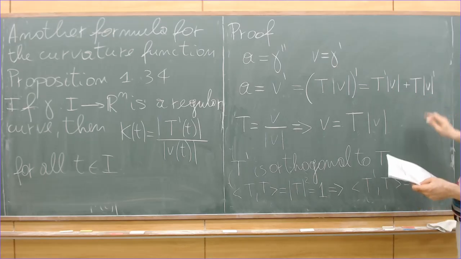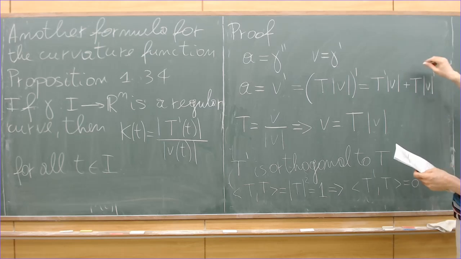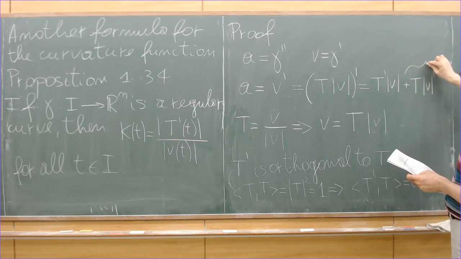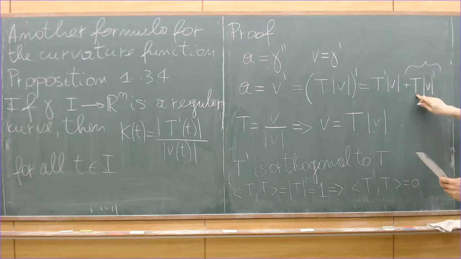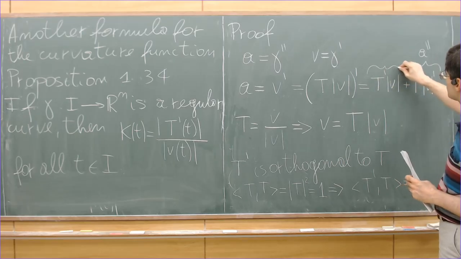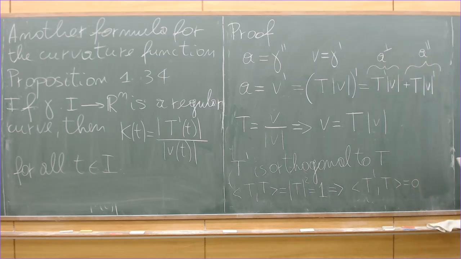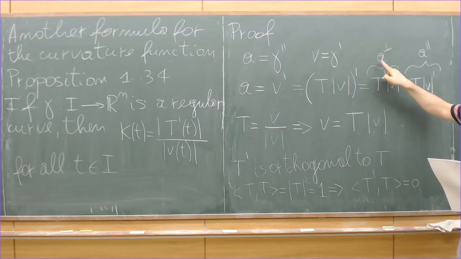If they are orthogonal, then this one, which is parallel to the velocity vector, will be A parallel, and this one, which is orthogonal to this one, will be A orthogonal. So what did we find? We found another formula for A orthogonal.